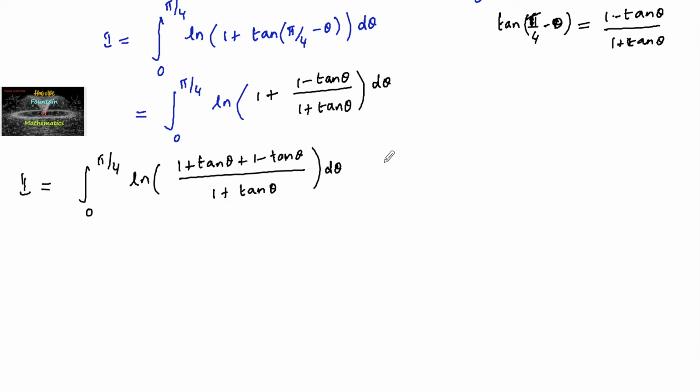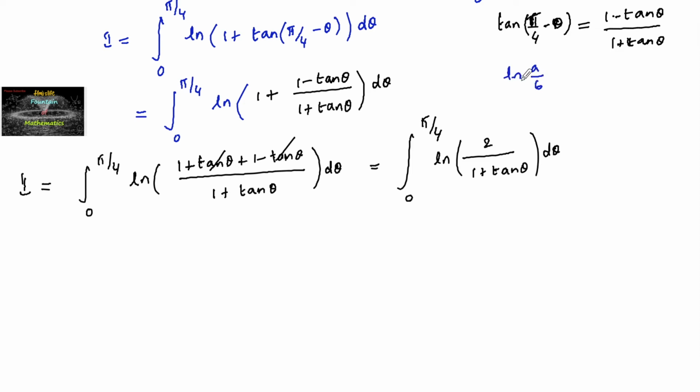dθ, which equals integral 0 to π/4. So tan θ gets cancelled, so this is log of 2 upon (1 + tan θ) dθ. So again it is in the form of log of a by b. So we have the formula log(a/b) is equal to log a minus log b.